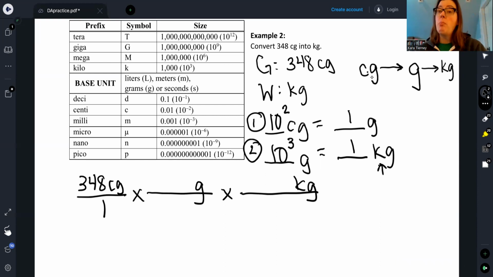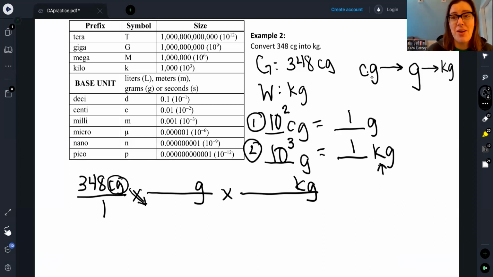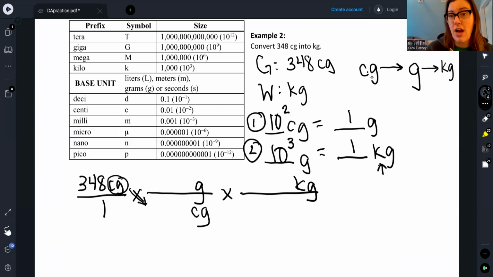Now we can go back to the method that we used in the single step, where I have to make sure to cancel out my units. So my units from my given will always, and sometimes students like to write a little arrow there in the multiplication sign, that unit we'll see again in the next fraction on the bottom so that they can cancel.